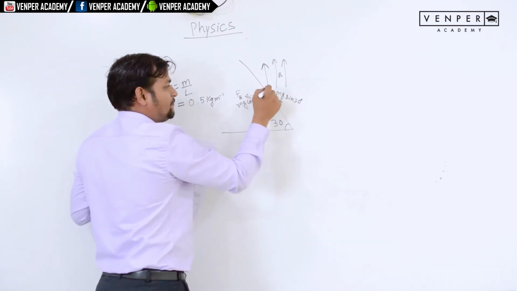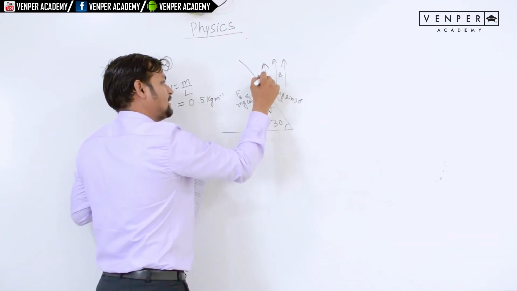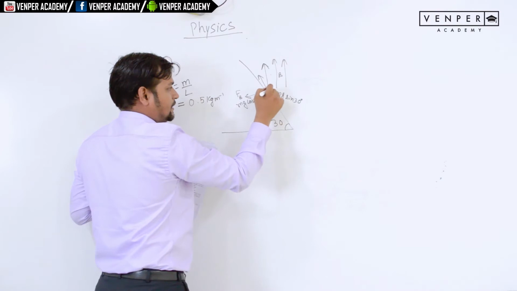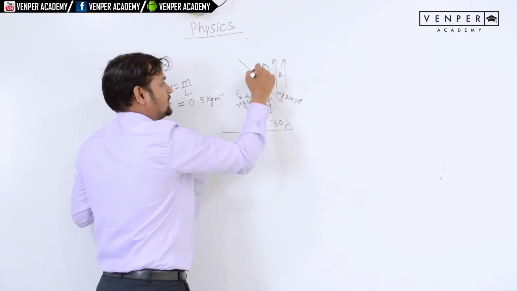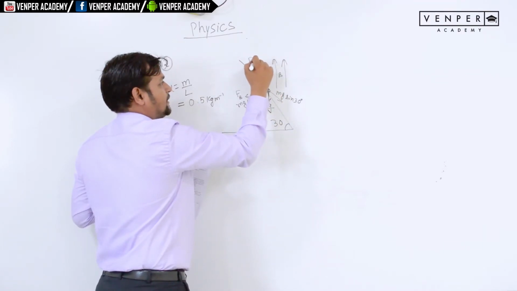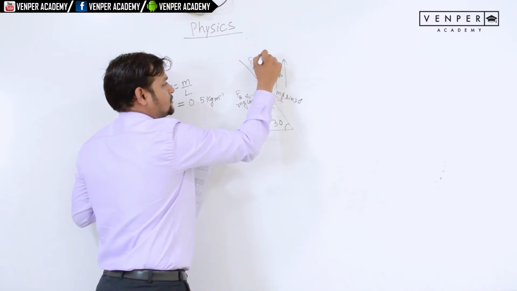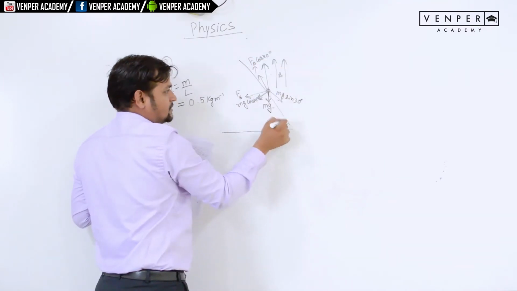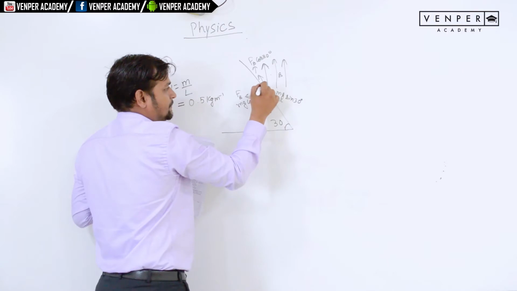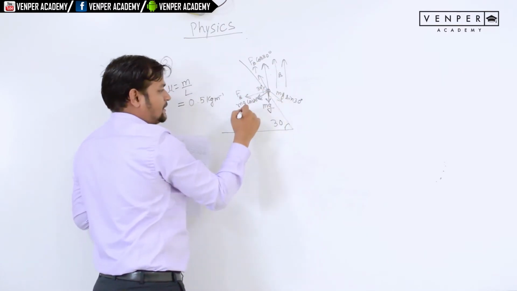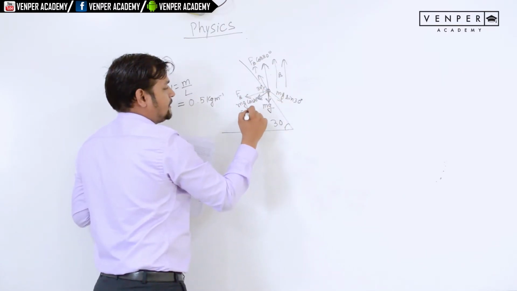This FB will have two components: FB cos 30 degree, because this is 30 and this is also 30 degree, and another, FB sin 30 degree.